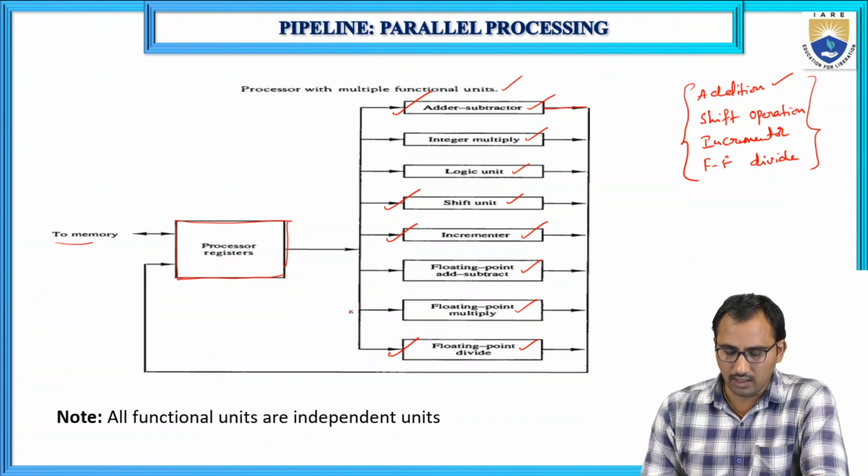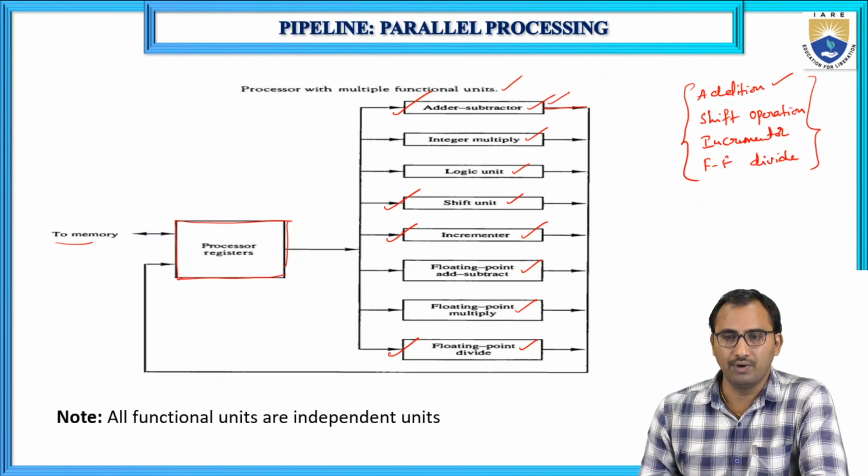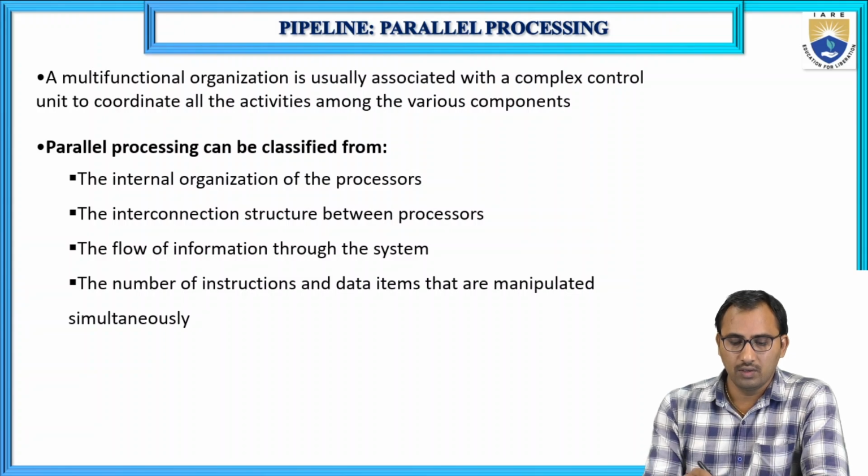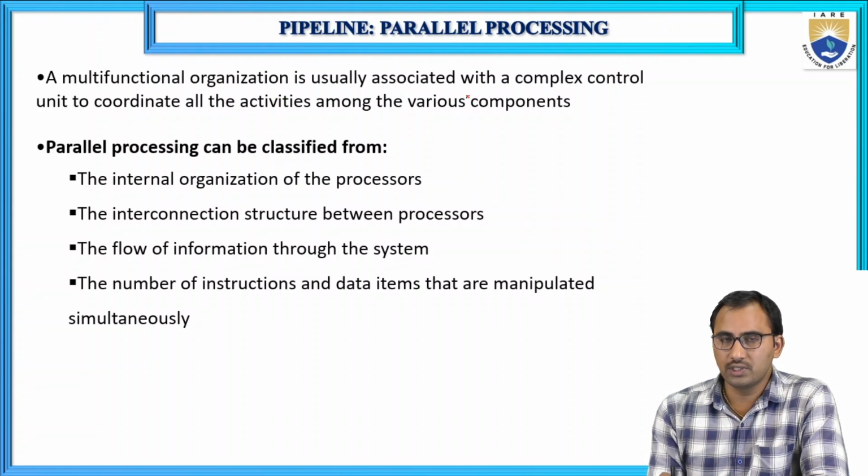These are all the functional units, or independent units. They can operate individually or all together, so that the required functionality can be achieved. A multifunctional organization is usually associated with a complex control unit to coordinate all the activities among the various components.